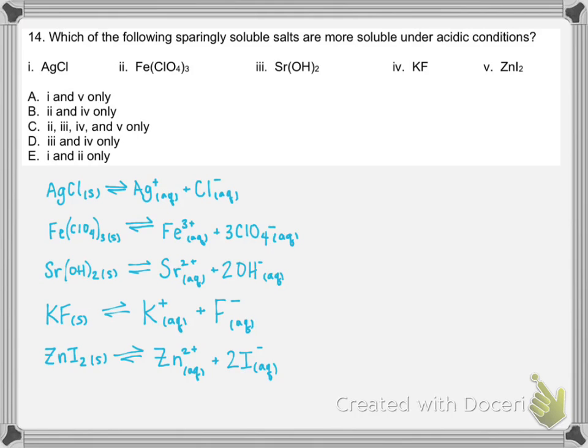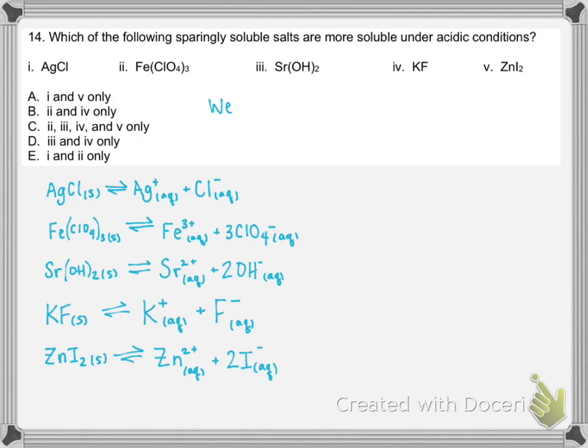Okay, number 14 is asking us which of the following sparingly soluble salts would be more soluble under acidic conditions. So what we want to look for is if in any of these solids, one of the components that makes it up would be a weak base.